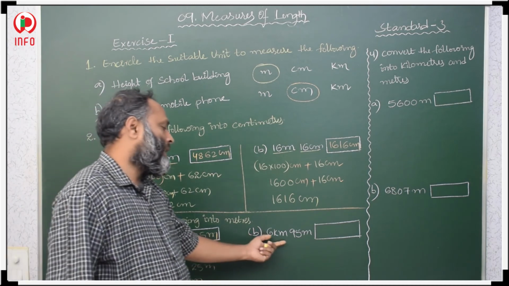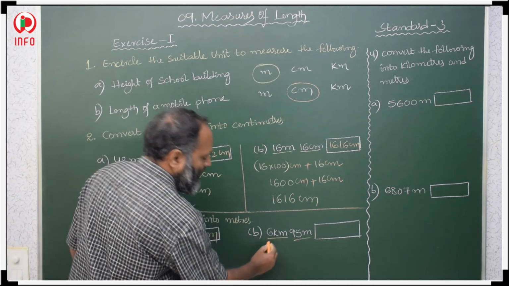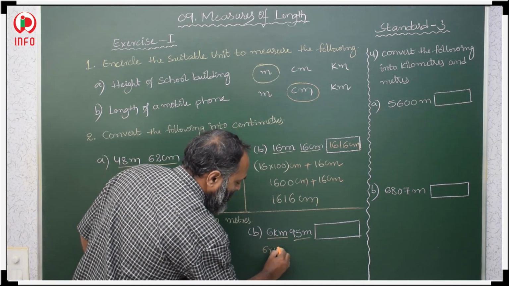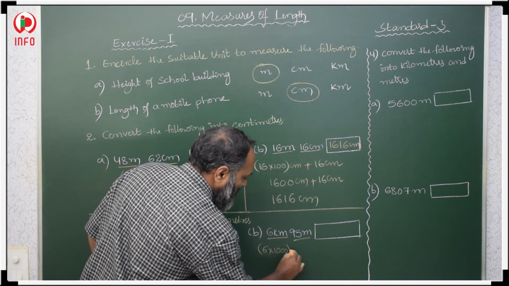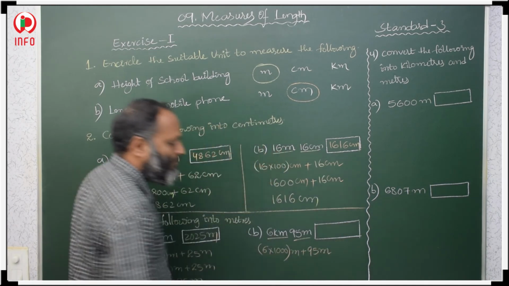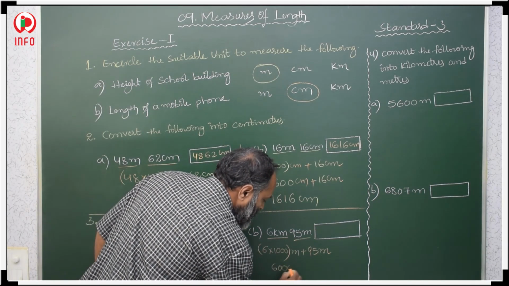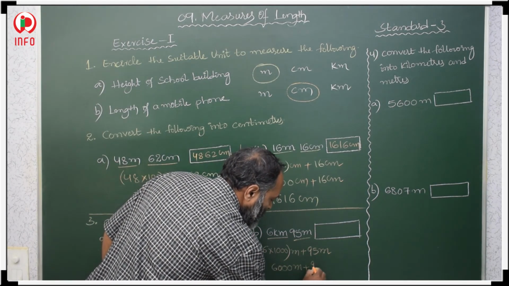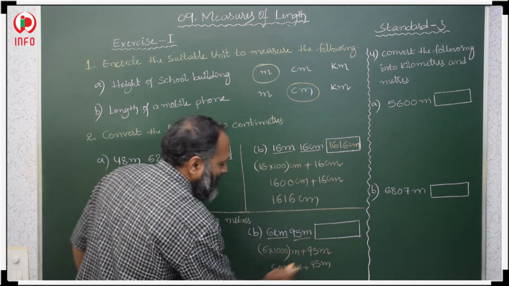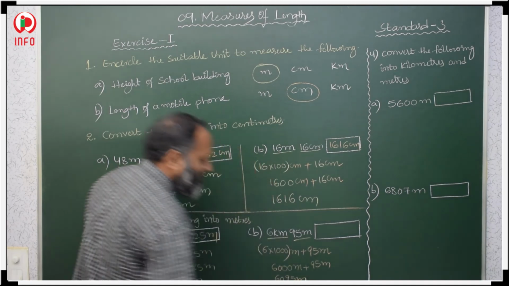Now 6 kilometers, 95 meters. Here kilometers multiply with 1000. 6 into 1000, 6000 meters plus 95 meters. 6000 plus 95, 6095 meters.